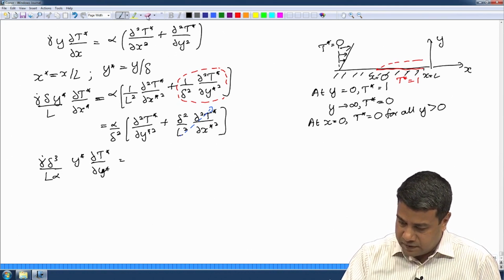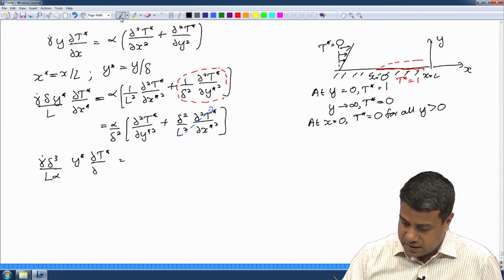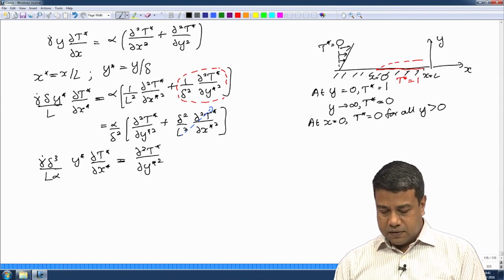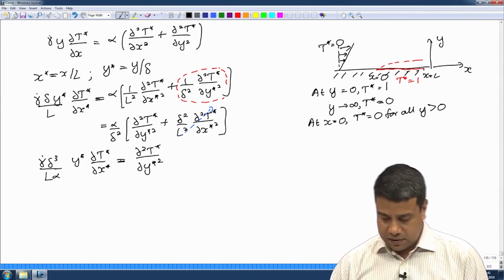On the left side you have streamwise convection, should be x. So, that is the balance equation.